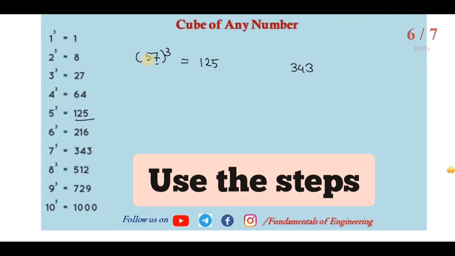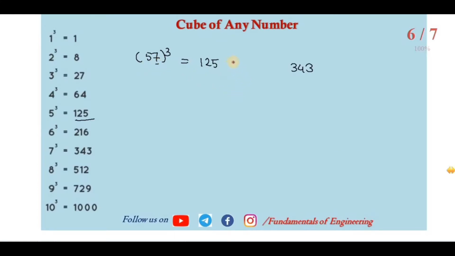Then first number square multiplied with 7. So 5 square, 25, into 7, what are we getting? 175. Second number square into first number. 7 square, 49 into 5. So 49 into 5, we will get 245.